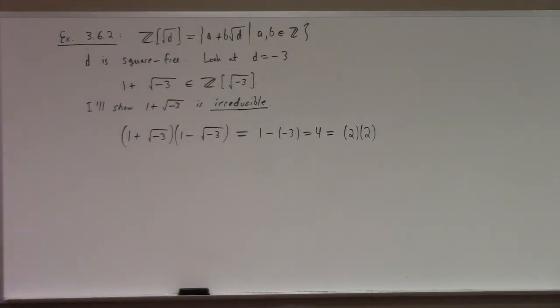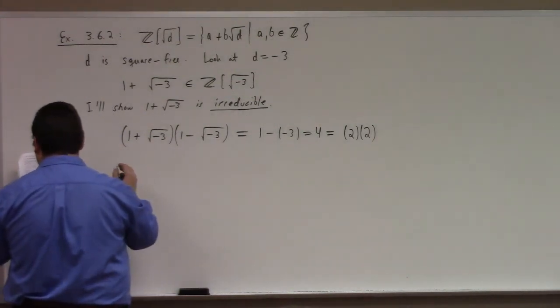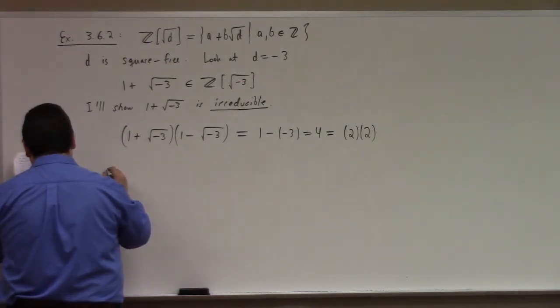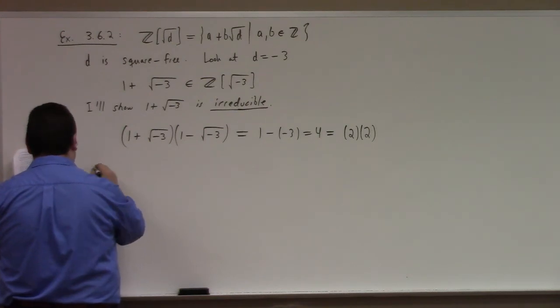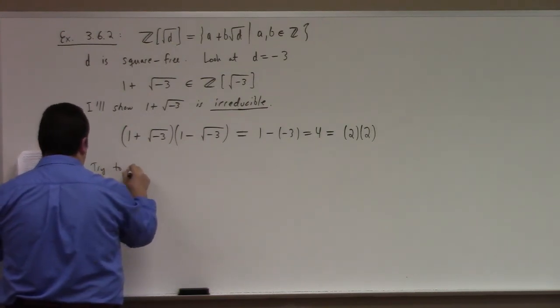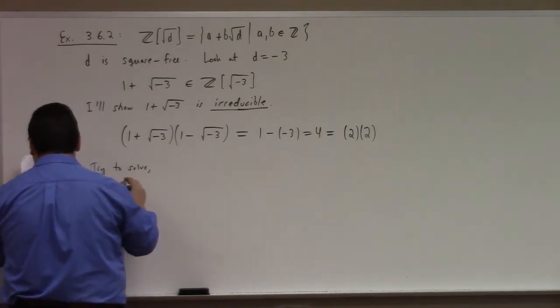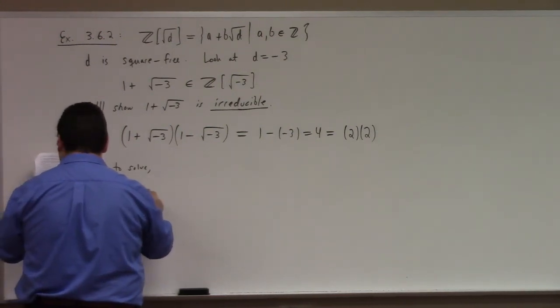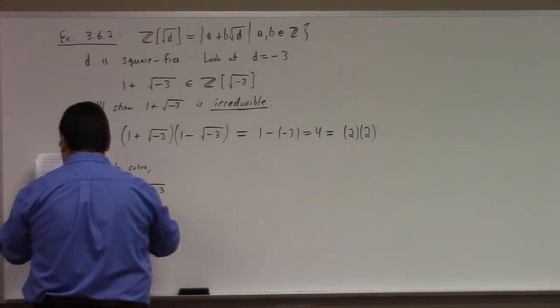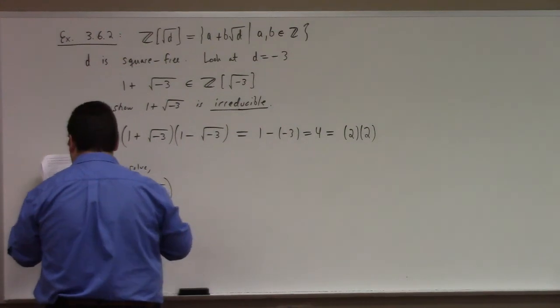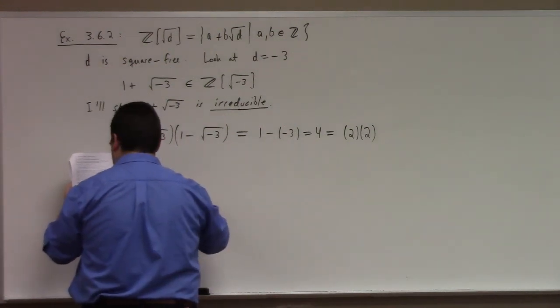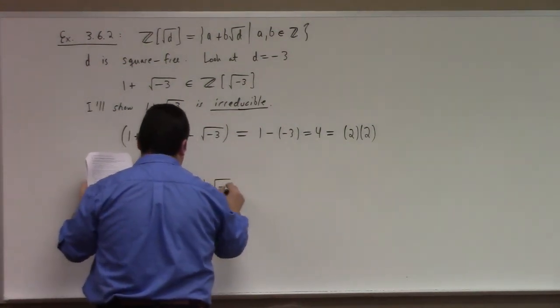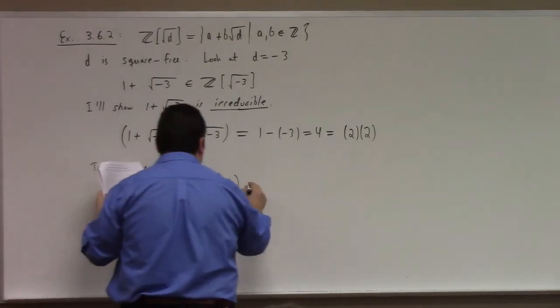Suppose you could. I think we're going to reach a contradiction, all right? So suppose, I'm sorry, guys. Let's try to solve 1 plus the square root of minus 3 times a plus b times the square root of minus 3 equals 2.